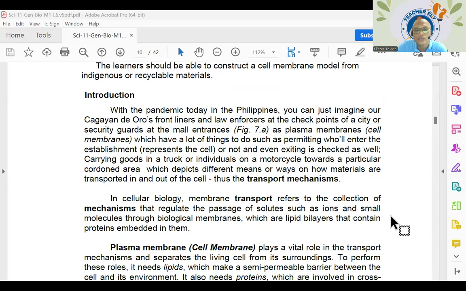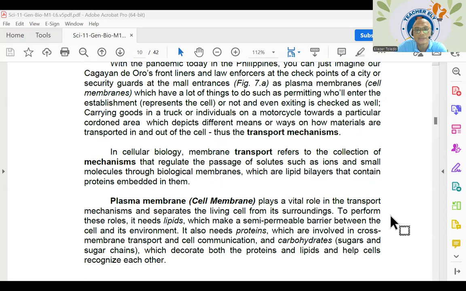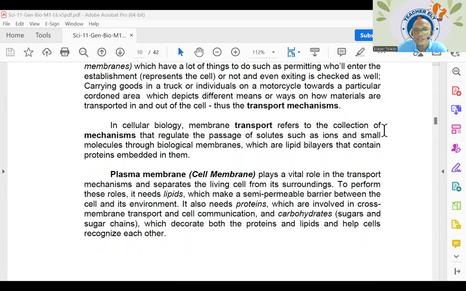So, transport mechanisms refers to the collection of mechanisms that regulate the passage of solutes. These are materials such as ions and small molecules through a biological membrane, or of course, a cell membrane, which are lipid bilayers.